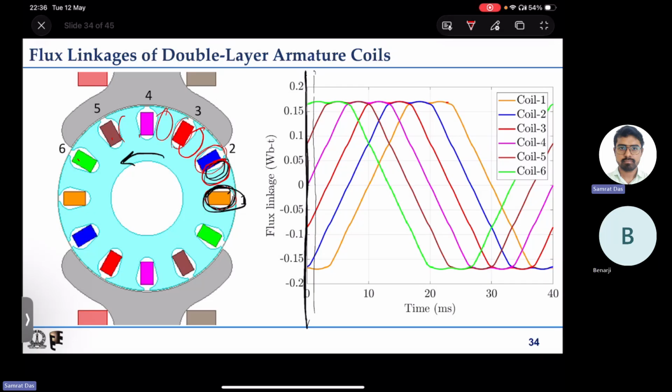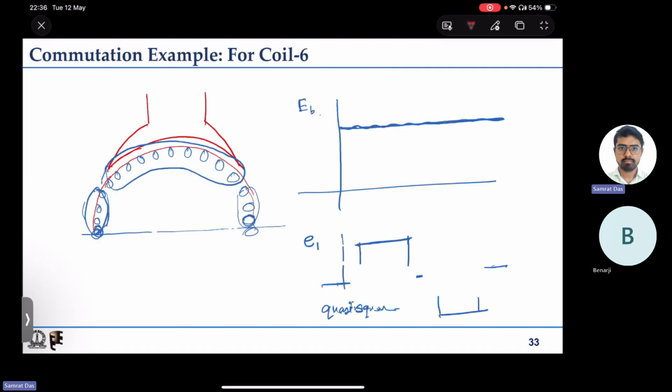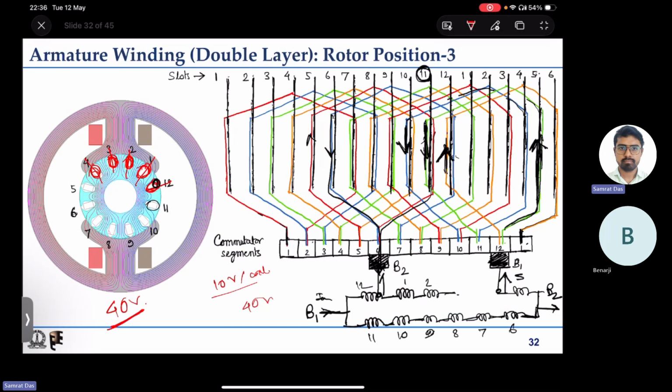At that instance, that is similar to the case we have discussed, where no conductor is in the magnetic neutral axis. So we have to take the flux linkage waveforms at that instant and look at which one is having 0, which one is having positive, which one is having the slopes.